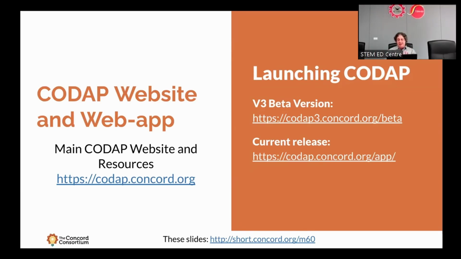Hopefully we won't run into any bugs, but this V3 beta version is the link that we're going to be using. And we hope that in a few months, the current release will be the same as that beta release. But if you want to use something in the classroom now, you're going to want to use this current release link. But for today, we're going to be looking at the beta version, which is our new version.